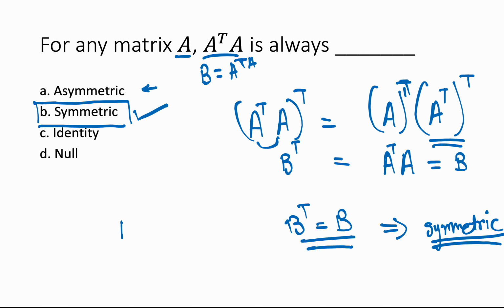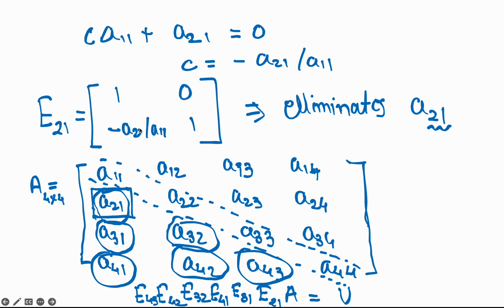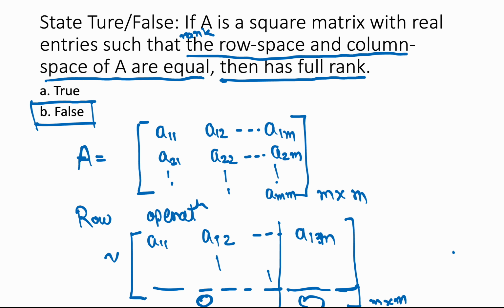Okay. So that's all for today. I hope you have got clarity on the concept of rank, then column space, how the vectors are independent, and what else we saw today. Okay, we'll start with the first question.